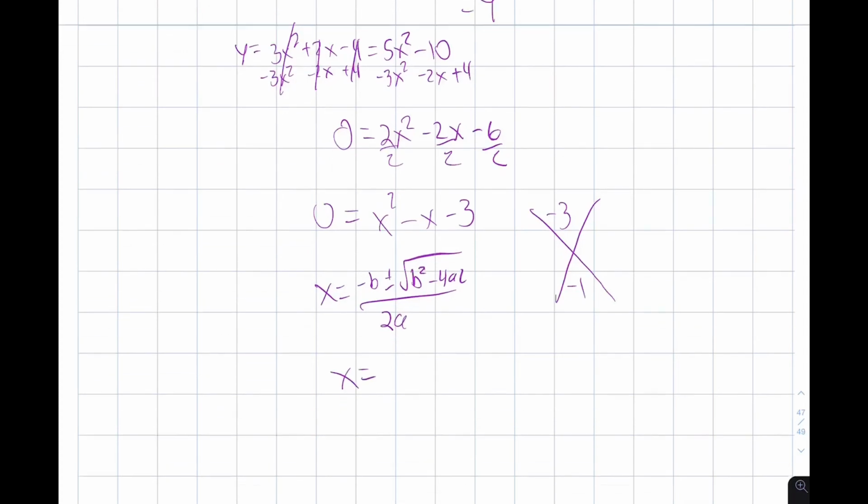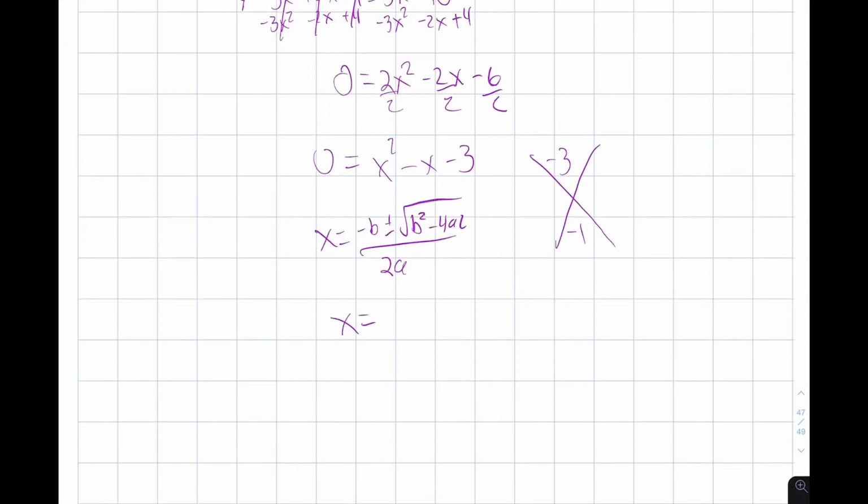X equals 1 plus or minus square root of 1 plus 12. Well, negative 4 times negative 3 is 12. And the two negatives make it a positive. Divided by 2 times 1.